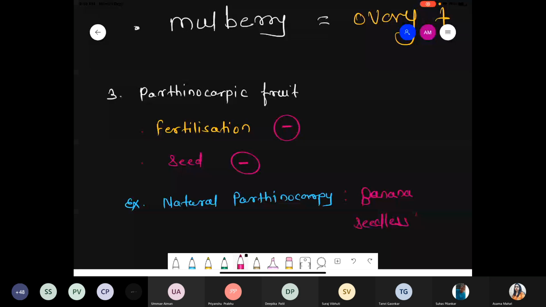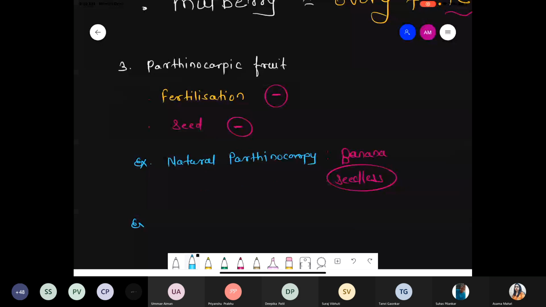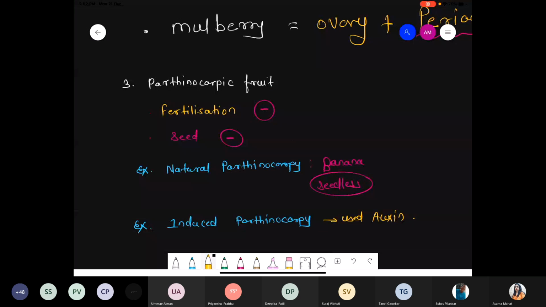But now what happens, sometimes by using some chemicals like auxin or gibberellic acid, we can induce parthenocarpy. So another example, induced parthenocarpy, means it is not natural. Induced means purposefully we have to spray some growth hormone, like auxin or gibberellic acid, that is GA3.